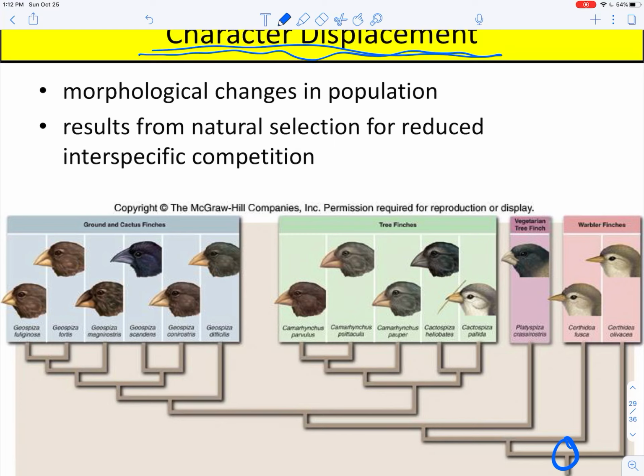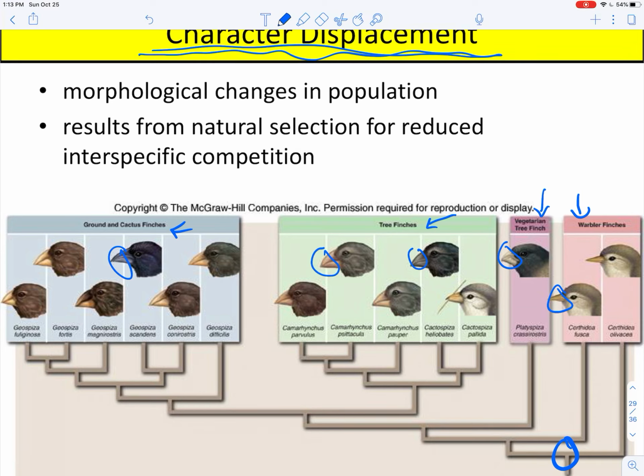And present day, we have finches that feed very differently and also occupy different niches. The morphological change that you're seeing is not only in how they look based on feather color or pattern of their bodies, but also these differences in beak shape, where now they're highly specialized to feed on very specific food resources.